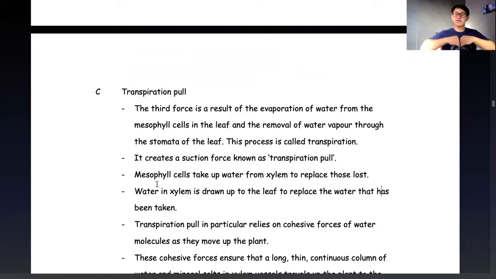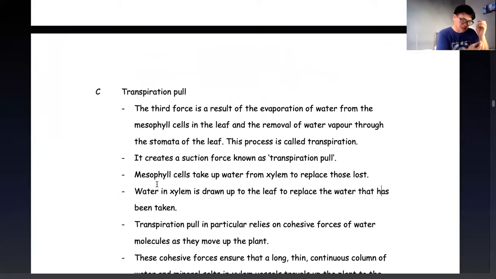So when water vapor goes out of the leaf, the water that goes out now needs to be replaced. And when it gets replaced, it's as if the atmosphere is sucking the water out.